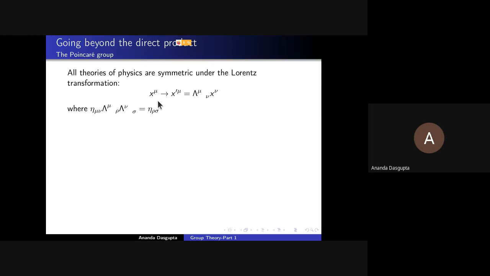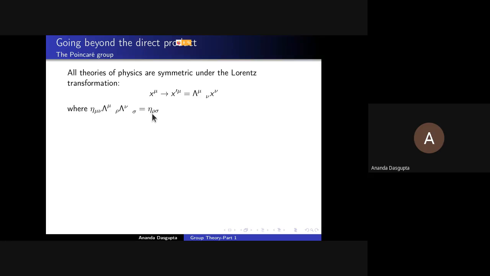That is, x mu, so x0, x1, x2, x3, four coordinates, where x0, of course, is ct, goes to new space-time coordinates given by a matrix lambda mu nu acting on the original column vector.